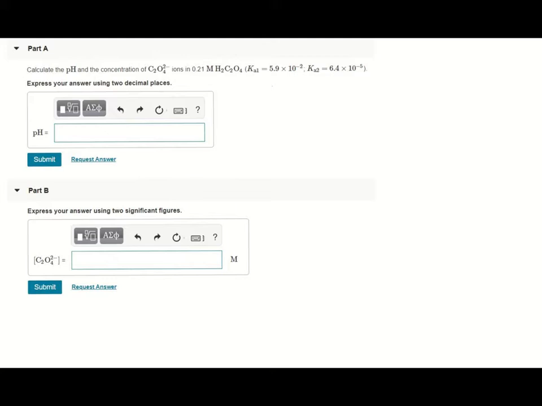We're given the polyprotic acid, oxalic acid. And the first thing it's going to do is lose one proton and form the amphoteric ion monohydrogen oxalate.